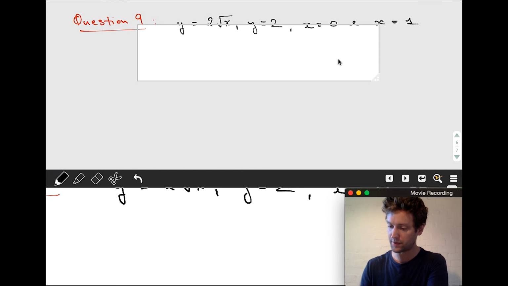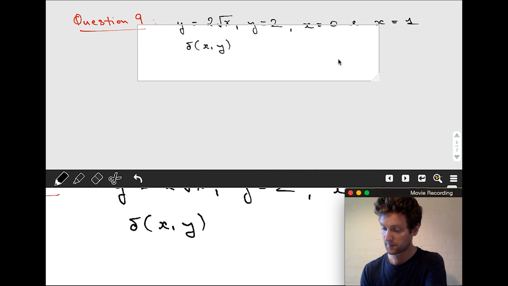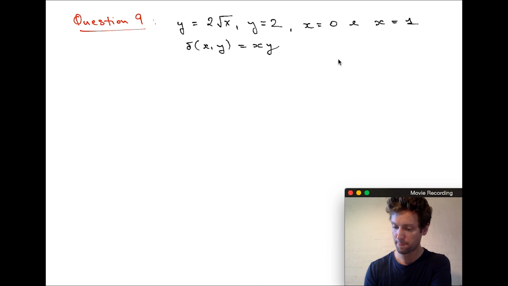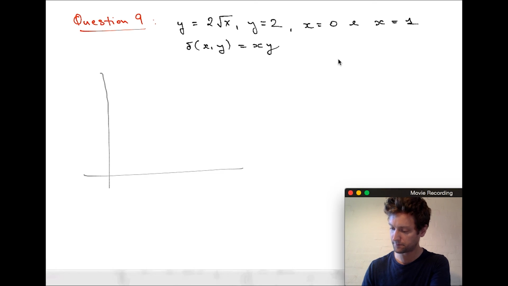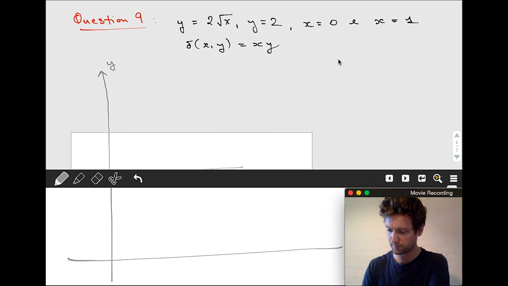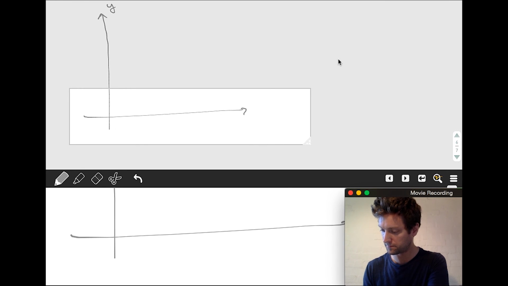And we're also told that the density of this thing is x times y. So our first step, as always, is to try and sketch what this thing looks like in the xy plane, by drawing all of those curves on there.